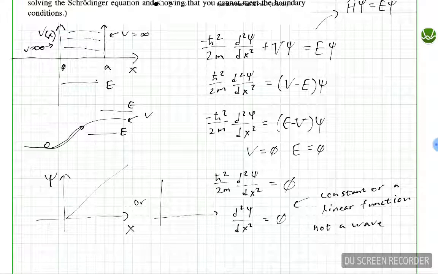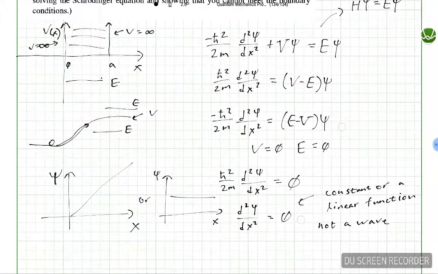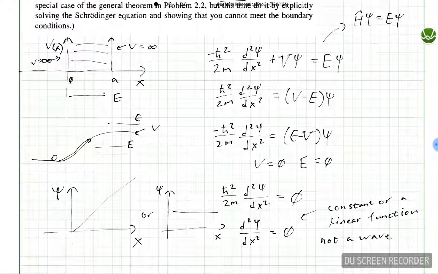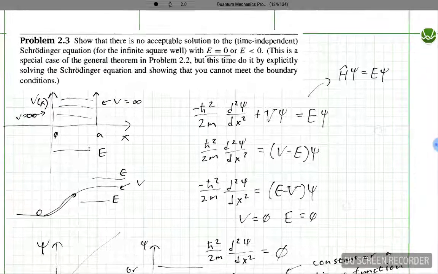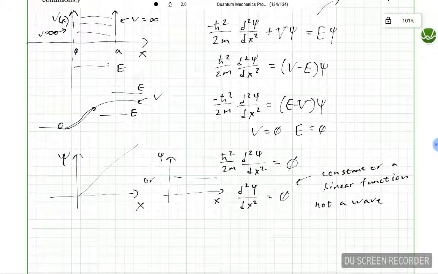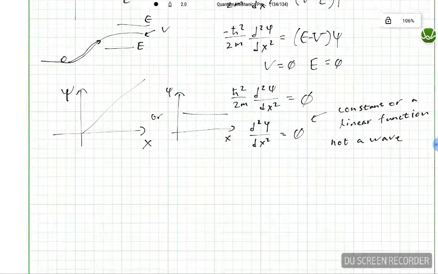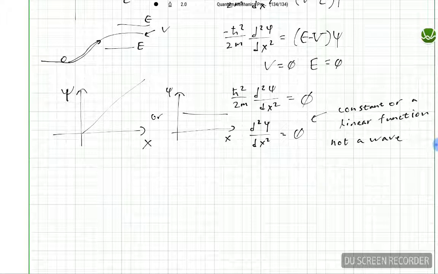Those are the only two options that would give us a second derivative equal to 0. So that takes care of why it can't be 0, which is nice. That one's pretty easy and straightforward. Like I said, in short, it just flat out isn't a wave.